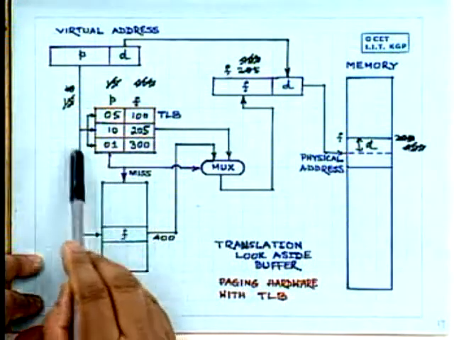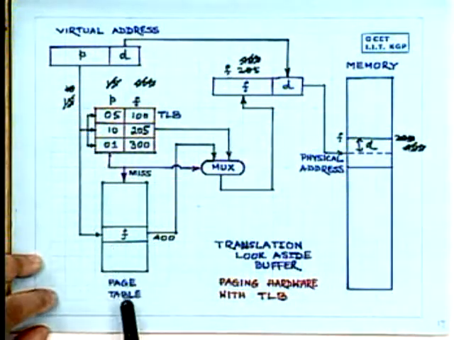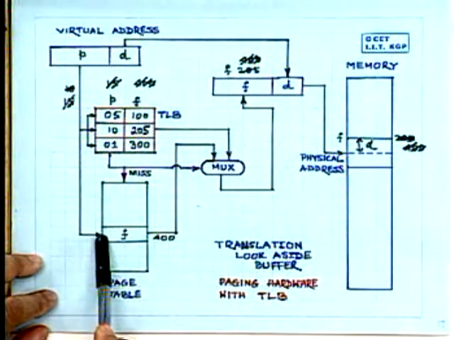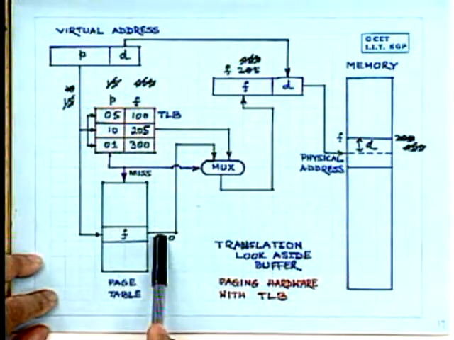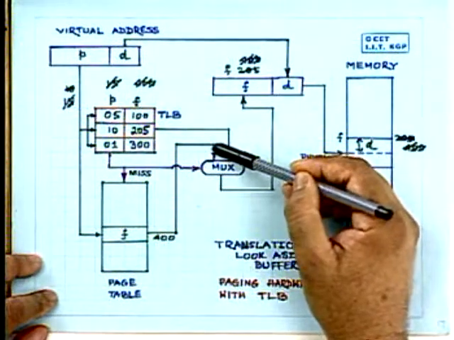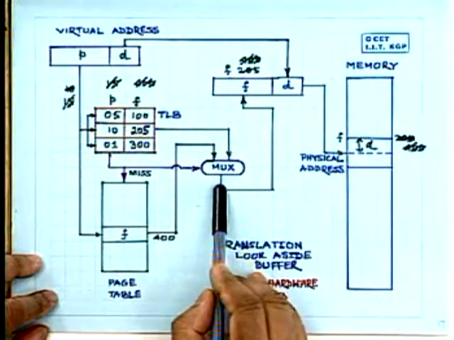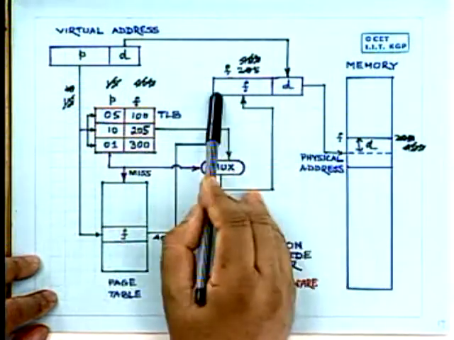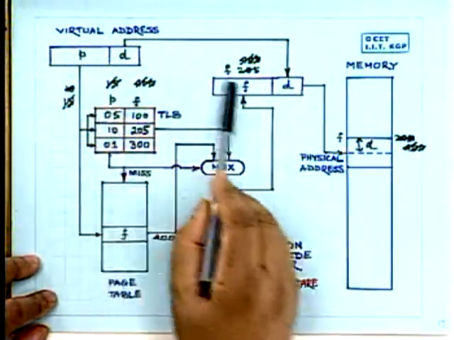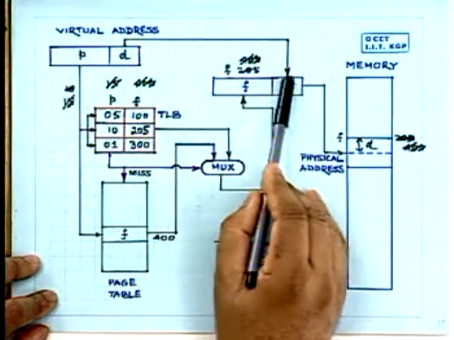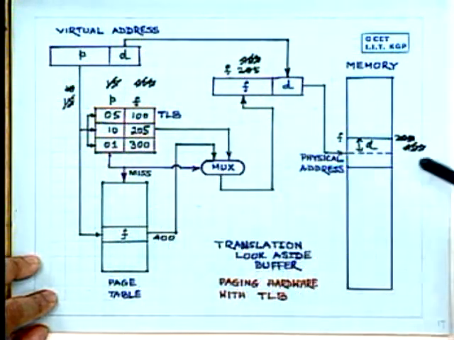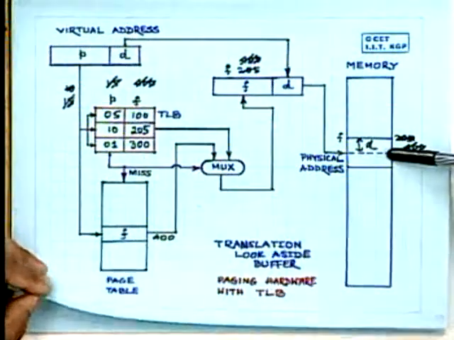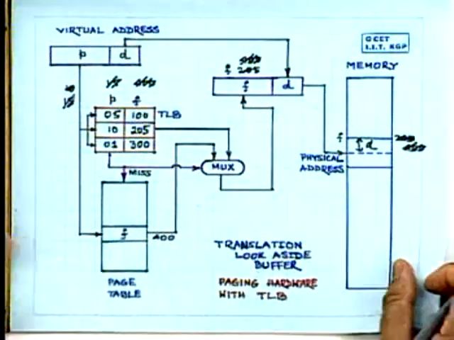If it's a miss, the page table is consulted, and at that page number the frame number is taken. Either this or that, depending upon hit or miss, is routed into the physical address, where the page is replaced by the frame. This gives me the physical address, and we come to that physical location to access it.